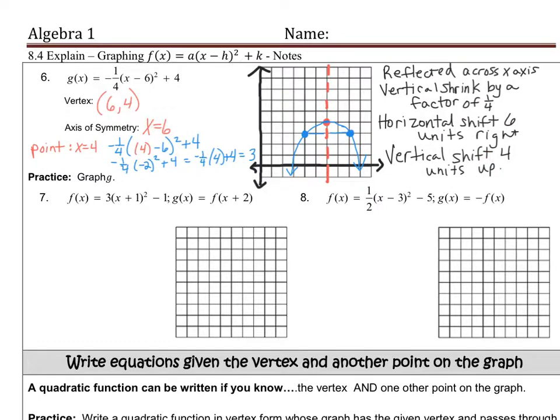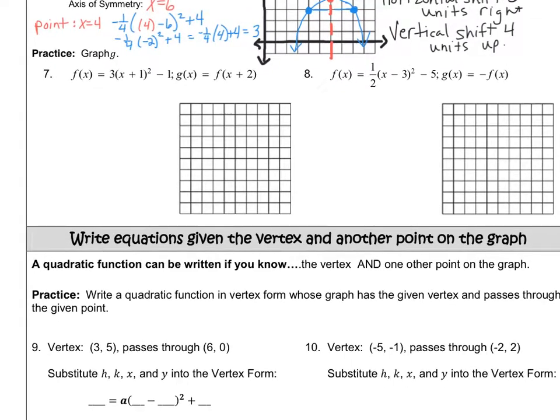Now we're going to practice graphing using a transformation, and it's got a little bit different nomenclature than you're used to seeing, so let's look at what is being used. We've been given a graph function f, and for function g, it has given us f of x plus 2.